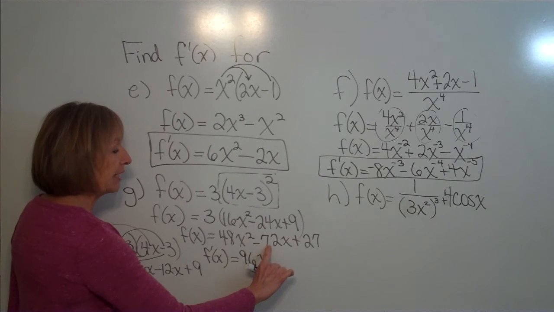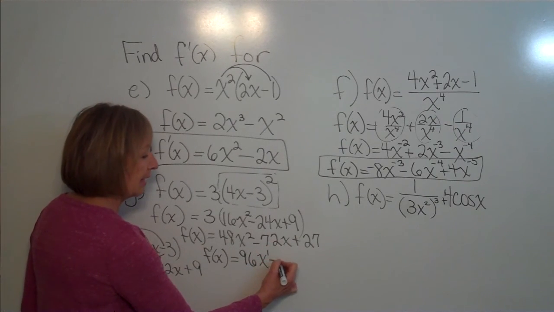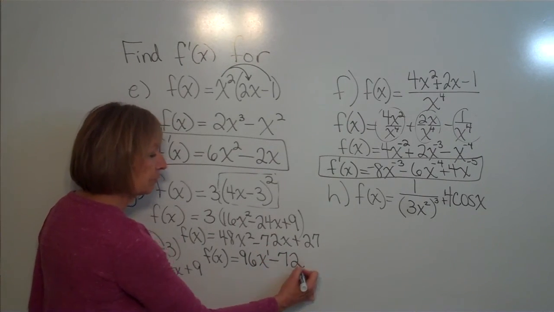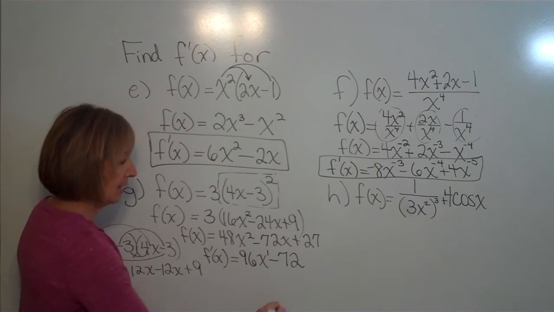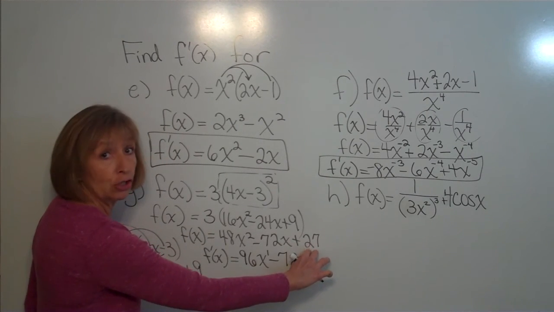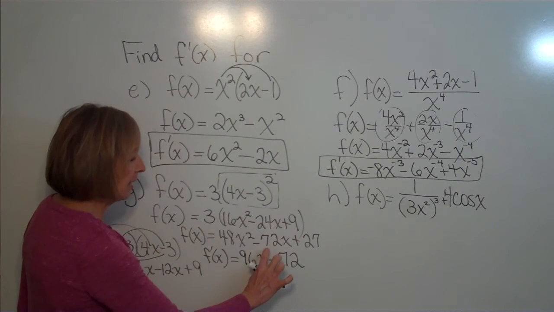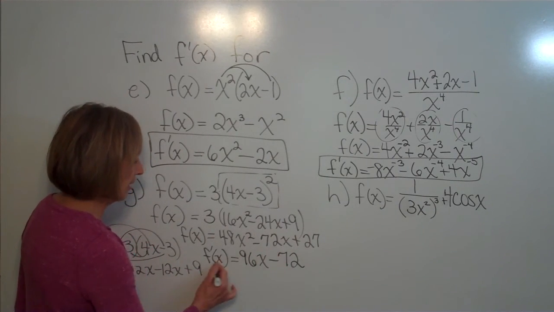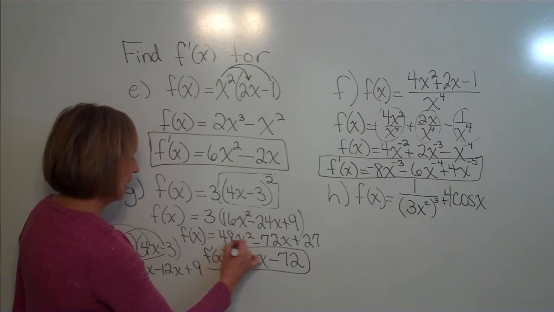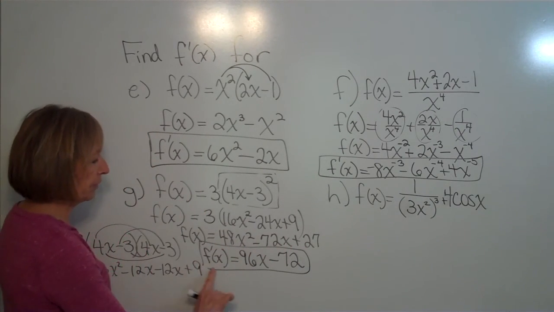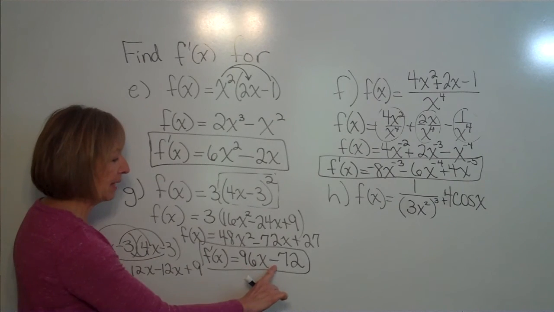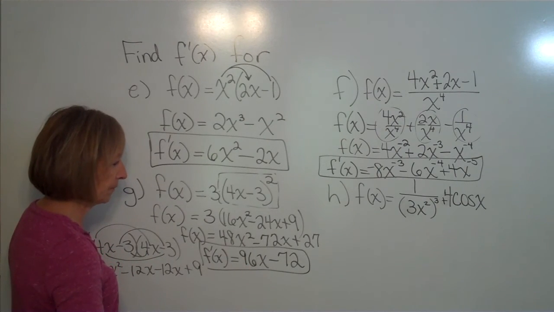Then the derivative of negative 72x is negative 72, because the derivative of x is just 1. And then the derivative of a constant term is 0. So this is my derivative, and I don't need to write that exponent of 1. Our derivative of this original function is 96x minus 72.